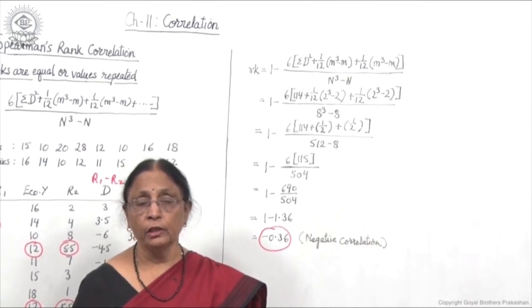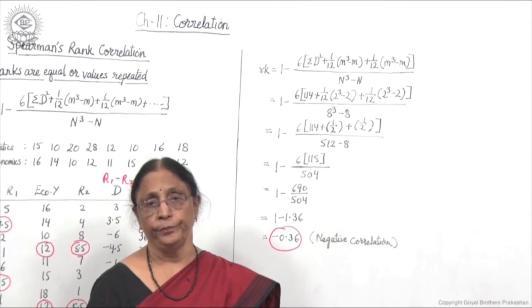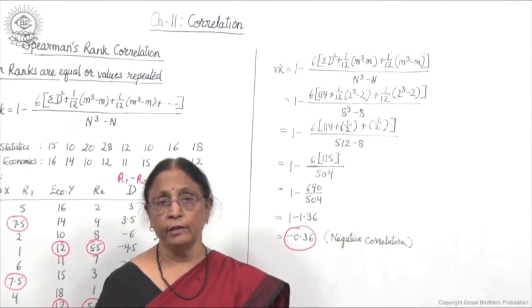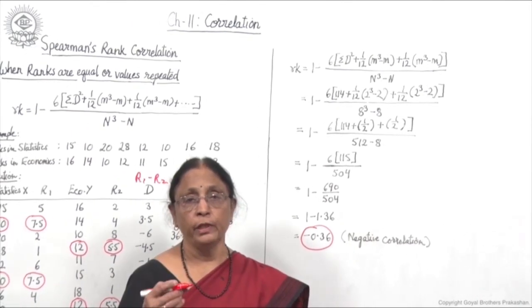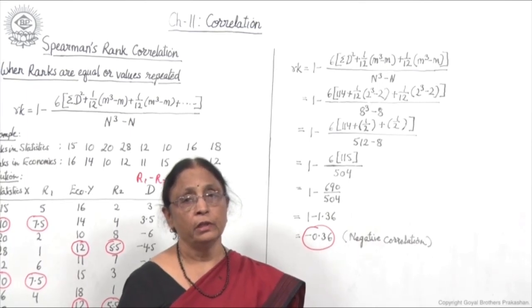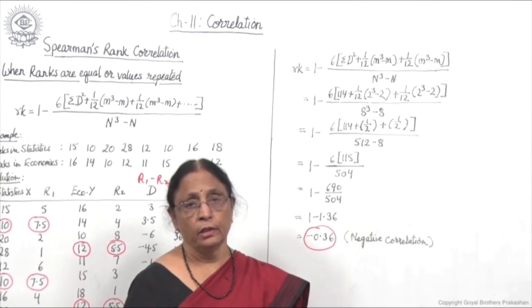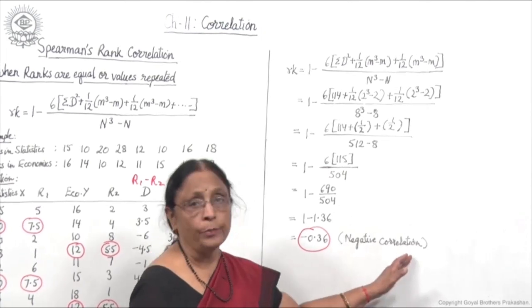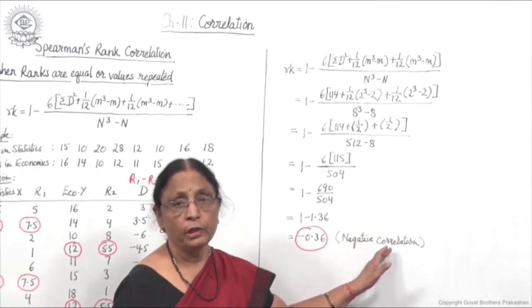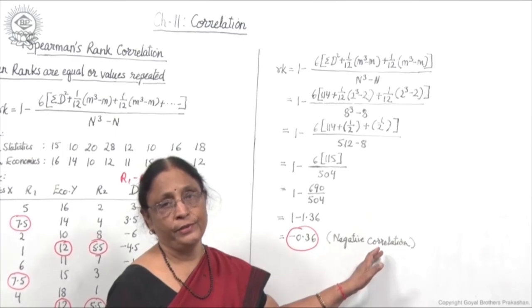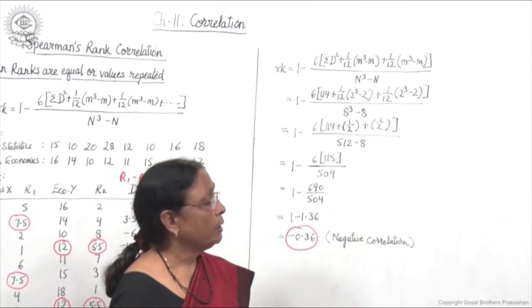They are moving in the opposite direction. Maybe one child is getting more in economics and less in statistics, or less in economics and more in statistics. So this way they are moving in the opposite direction, showing the negative correlation, okay.